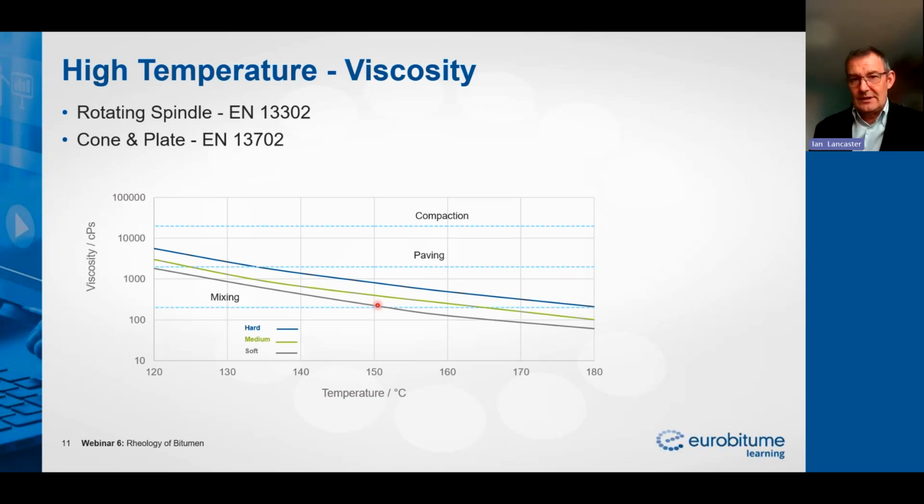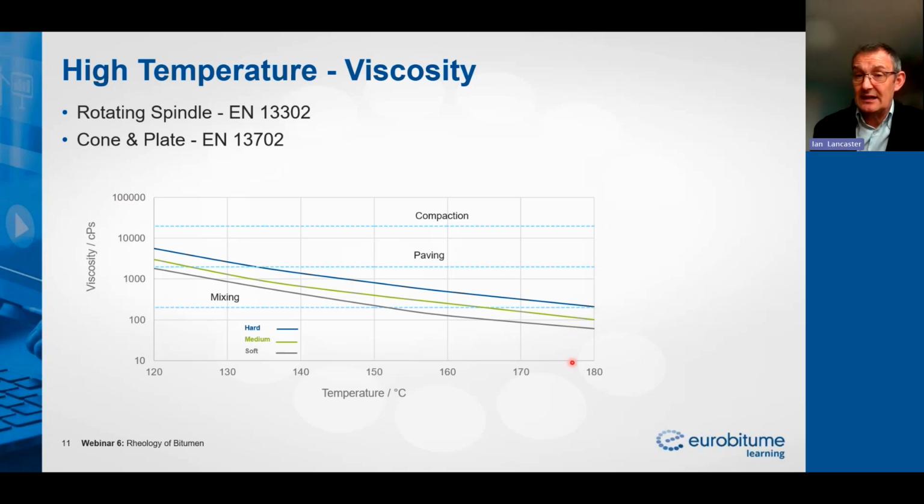If, for example, we took our soft bitumen and we increased the mixing temperature to 180, all of a sudden we see that the viscosity is significantly lower than that 0.2 Pascal seconds, 200 centipoise.